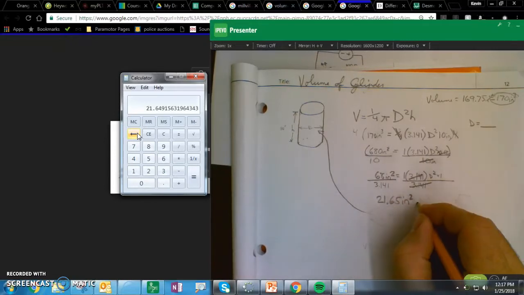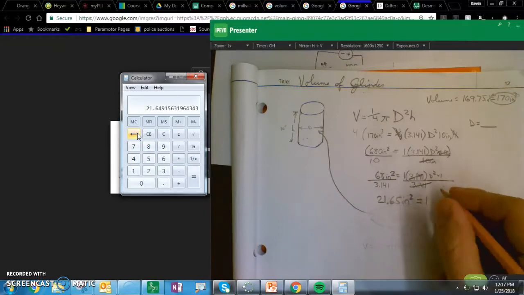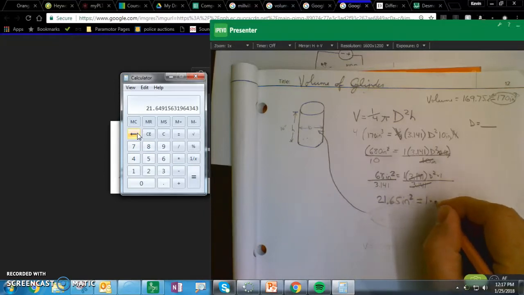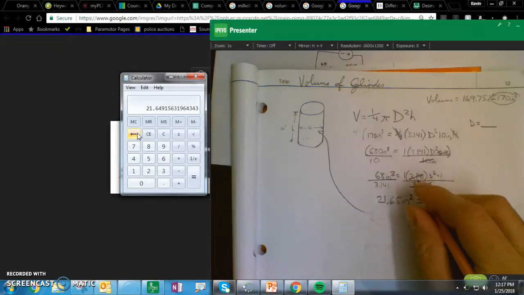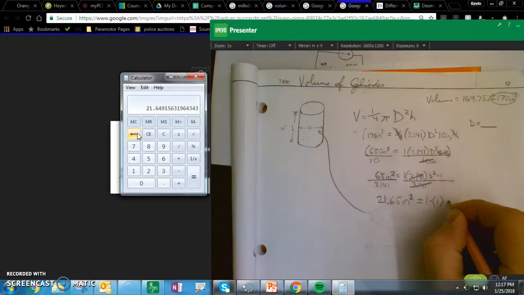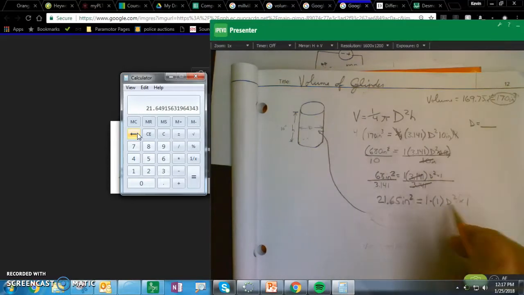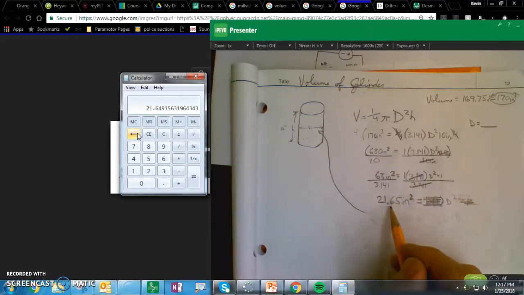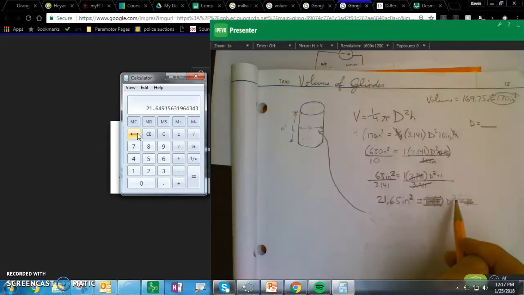Okay? Equals 1 times, okay, 3.141 is now 1 times d squared times 1. Well, we got all these 1s here. Let's just get rid of them. So now 21.65 inches squared equals d squared.